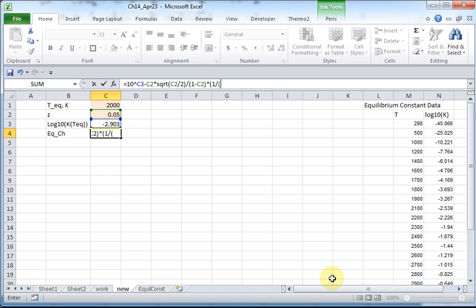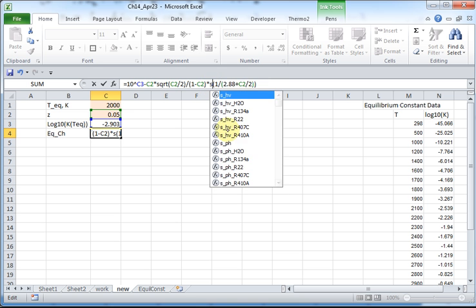We had 2.88 plus z divided by 2, close, close. And I could raise it to the half power, or I could just square root the whole thing.